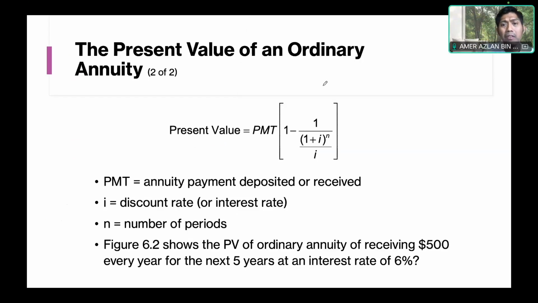To calculate the present value of an ordinary annuity involves a different formula. Okay, present value equals PMT times bracket 1 minus 1 over 1 plus I to the power n, over I. So this is the formula to calculate the present value of an ordinary annuity.